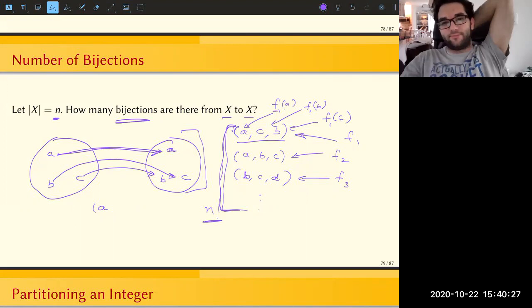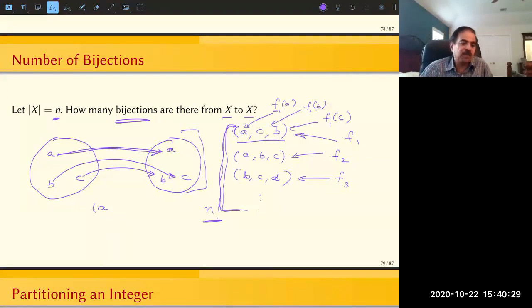Yeah. So if you just look for how many distinct arrows can be there, that is n squared. There are only n squared possible arrows.